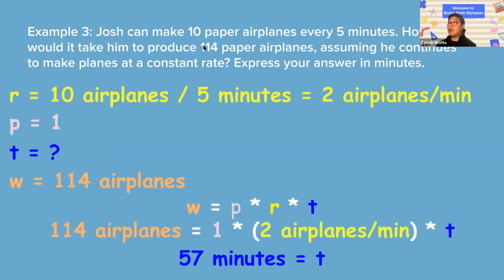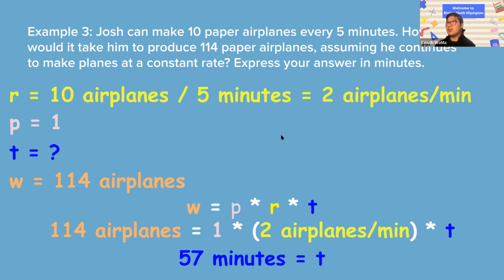How long would it take for him to make 114 airplanes? Hopefully that's a bit easier of a question to answer, right? Someone's making 2 airplanes every minute. How long will it take for them to make 114? You just divide 114 by 2 and you get 57. So if you don't remember the work formula, you can just think it out as well.